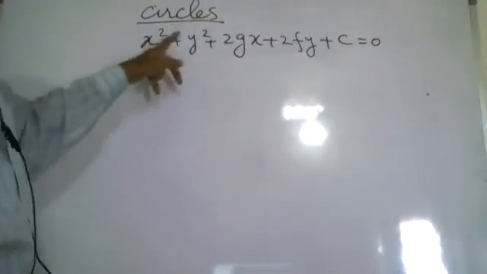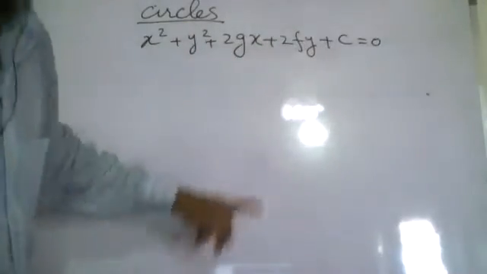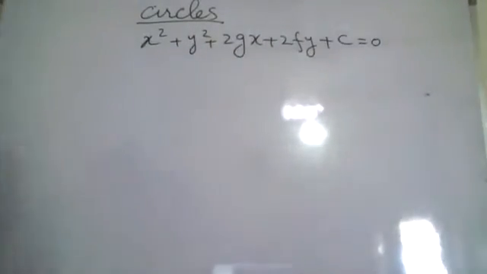But x square and y square must be there and c must be there. If c is not there, that means c is 0. It means it will be the equation of a point.